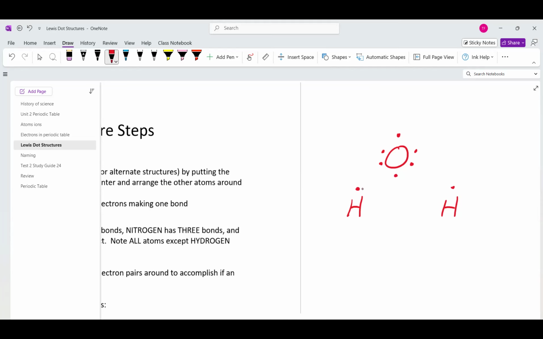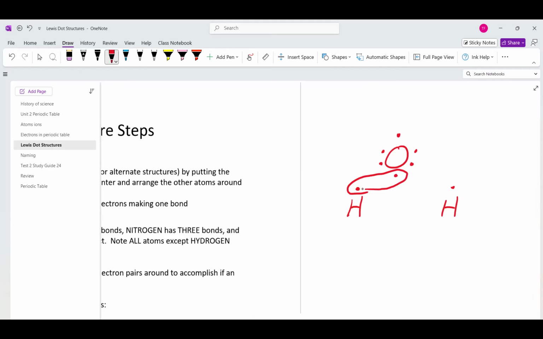Step number 2 is connect the singletons up. So the singleton on oxygen, singleton on hydrogen. Now, there's another singleton on oxygen, but it's not very convenient. So what I'm going to do is move stuff around so it's more convenient, as long as you keep the pairs together, singletons by themselves.